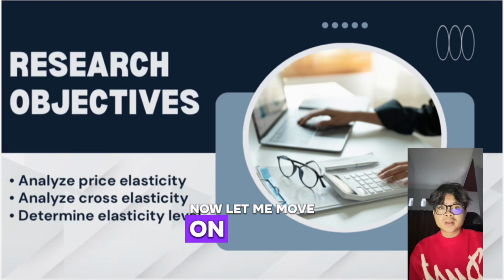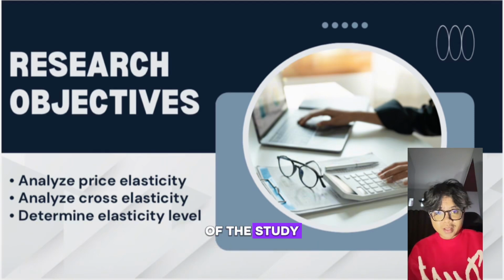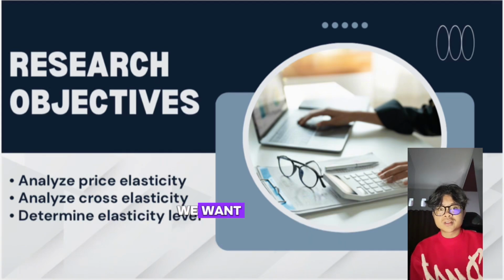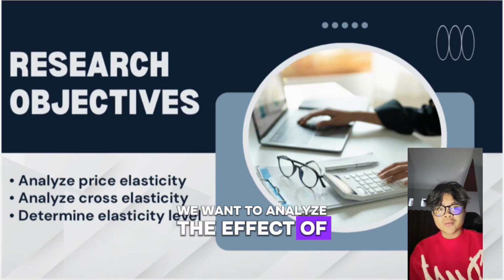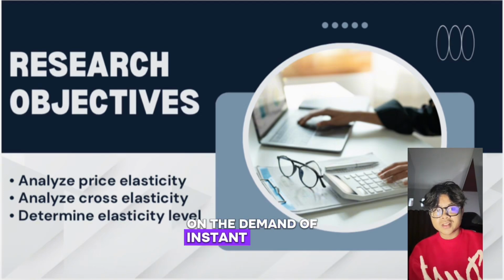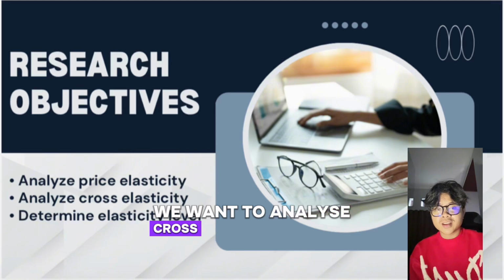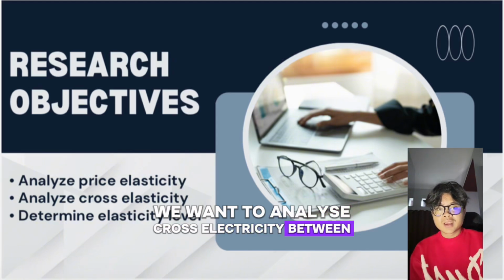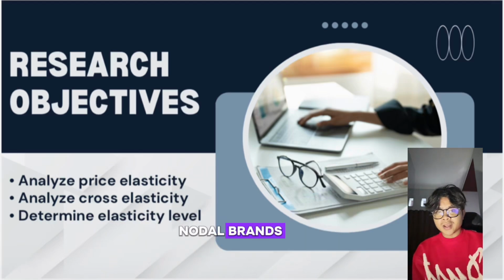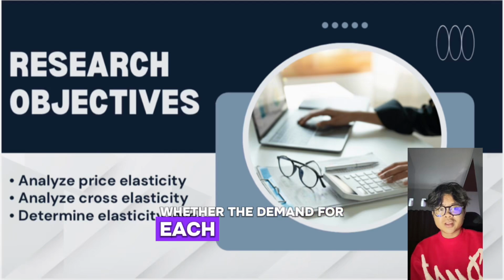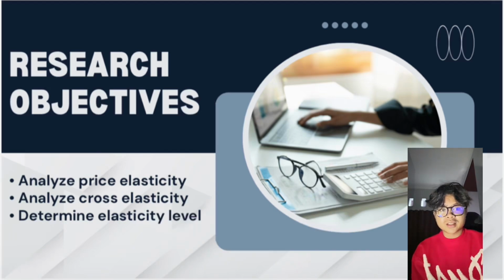Now let me move on to the objective of the study. This research has three main objectives. First, we want to analyze the effect of price change on the demand of instant noodles. Second, we want to analyze cross elasticity between different instant noodle brands. Third, we want to determine whether the demand for each product is elastic or inelastic.